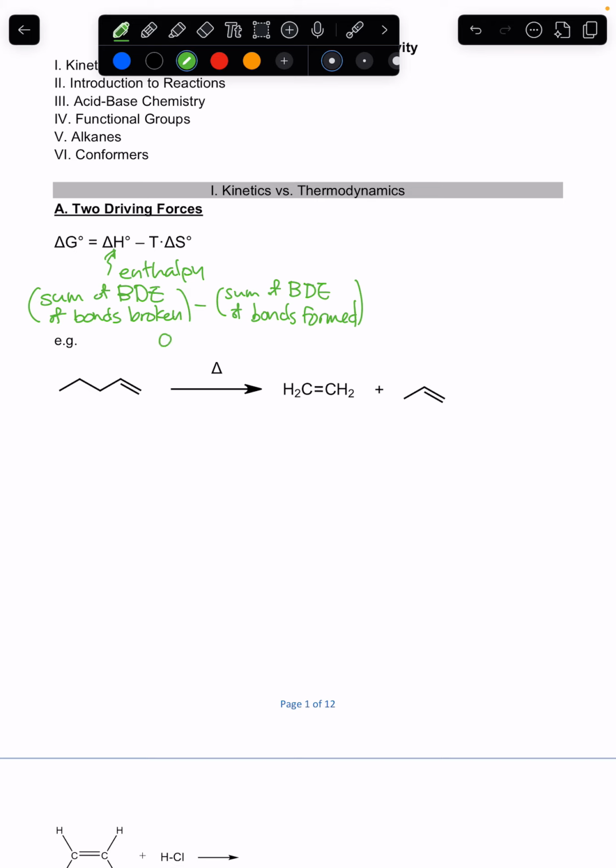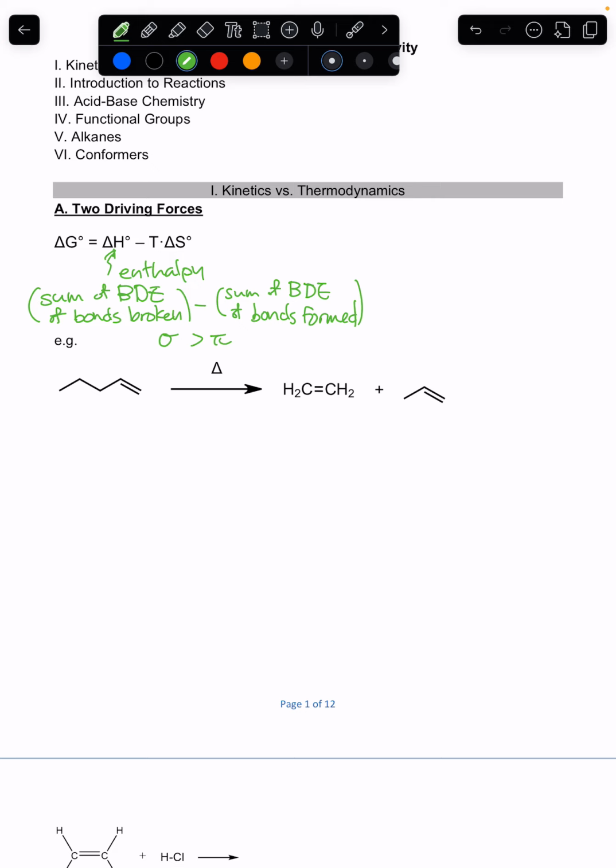And the main thing you want to think about is that sigma bonds are stronger than pi bonds. And of course, within sigma bonds, there are different kinds of bonds, and some are weaker than others and some are stronger, but those don't make up for much difference.